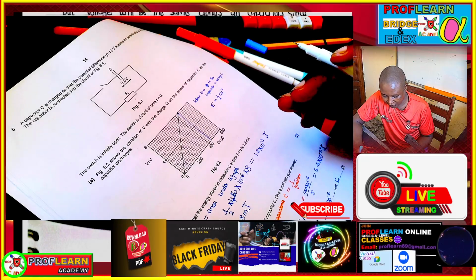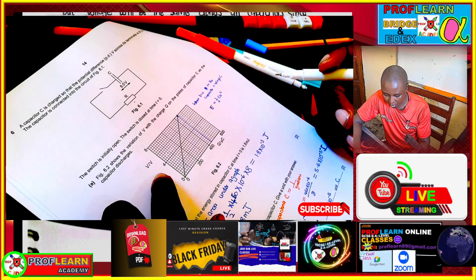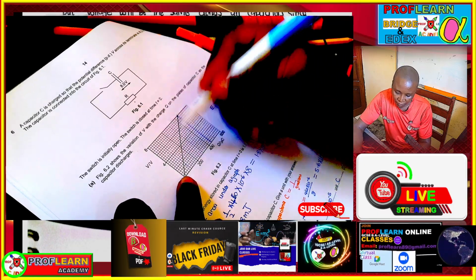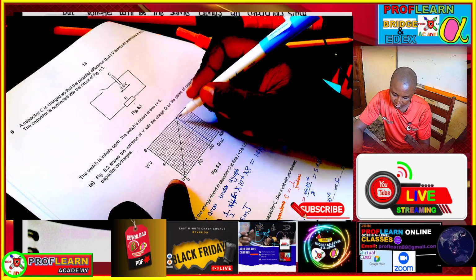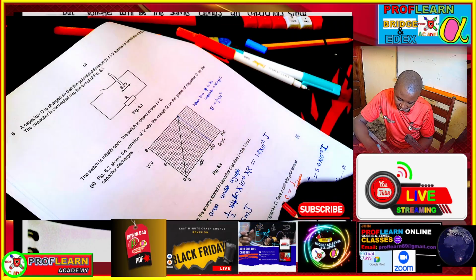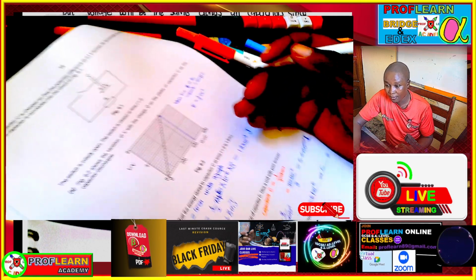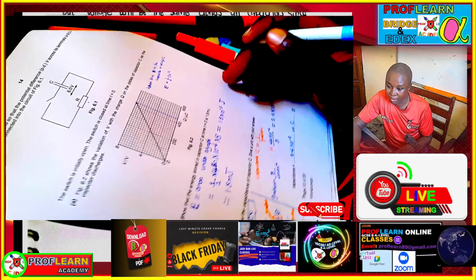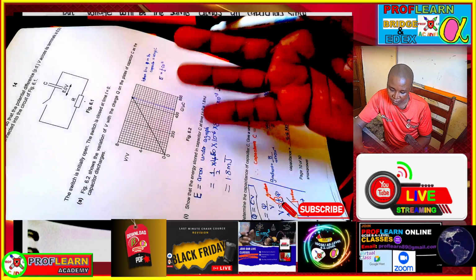Determine the capacitance of the capacitor. You can select one of the values from the straight line graph here. You can identify a point and then apply the formula charge is equal to CV so that you can work out the value of that capacitance. Otherwise, you can work out the gradient of this line.